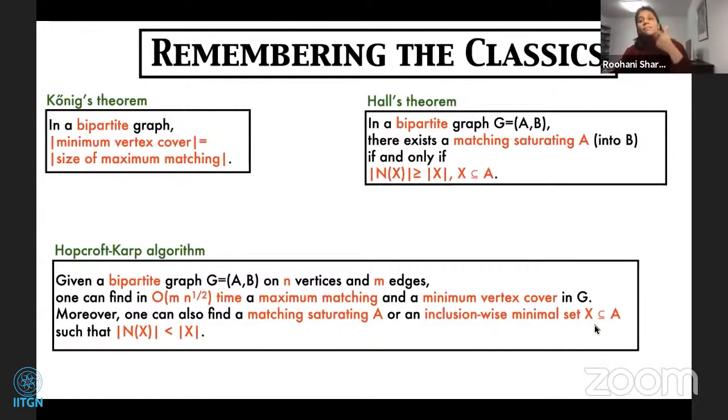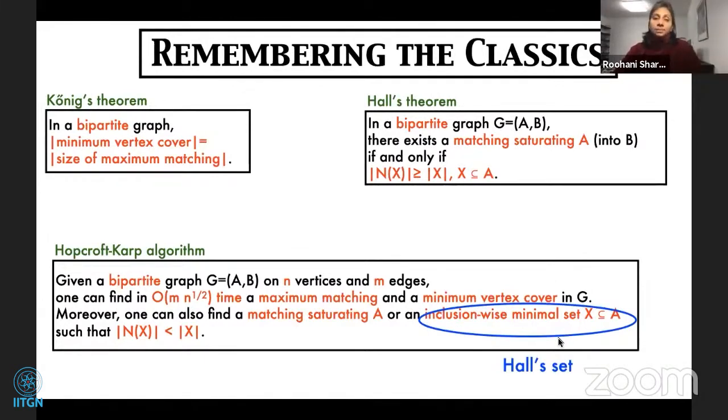That means for every proper subset of this set X, that subset satisfies Hall's inequality. But if you include one more vertex in the subset and form X, then X does not. So this is what we have, and this is what we'll be using. So let's call this witness the Hall's set.